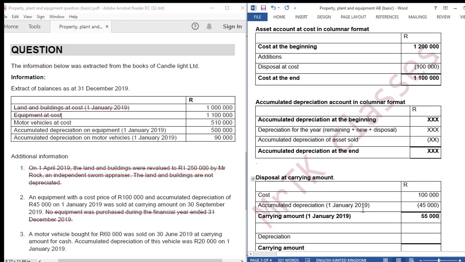But this equipment was not sold on 1 January 2019. They are saying it was sold at carrying amount on 3rd September 2019, which means we need to subtract depreciation up to 3rd September 2019.